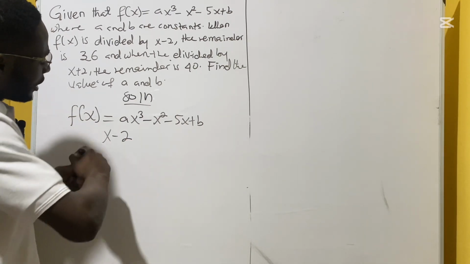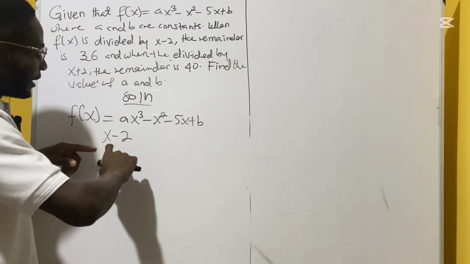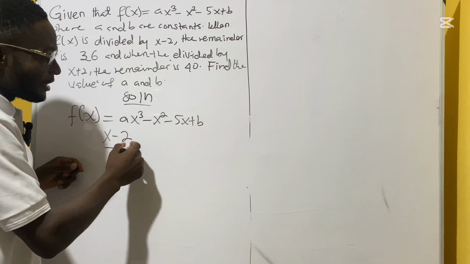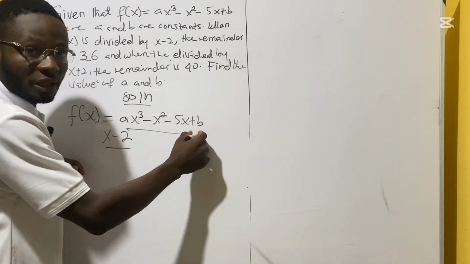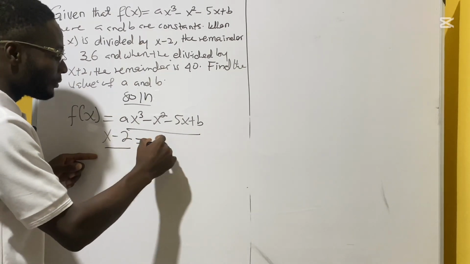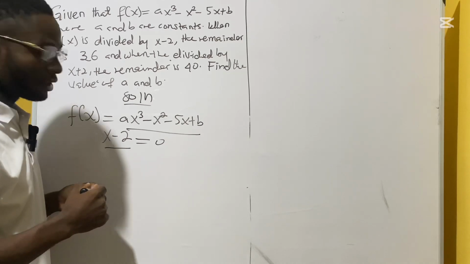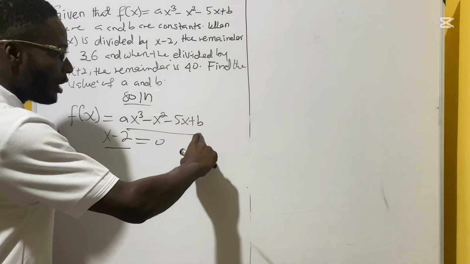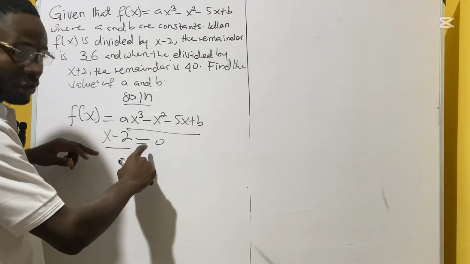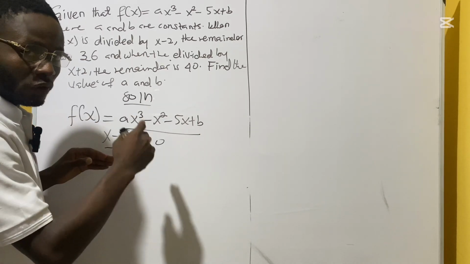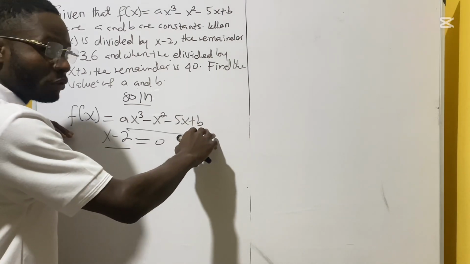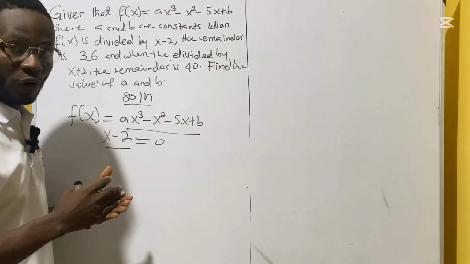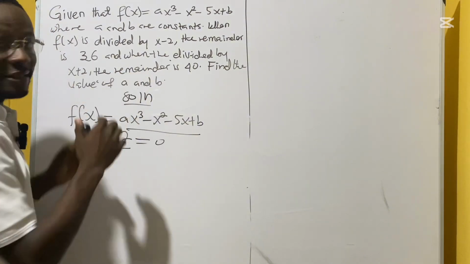So this polynomial has been divided by x minus 2, so x minus 2 equals 0. That means when x equals 2 is substituted into this polynomial function, the result will be the remainder, 36.